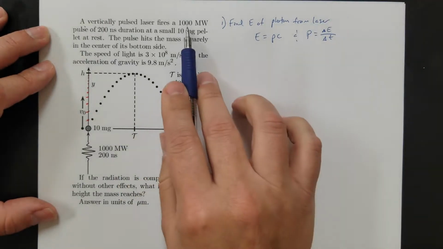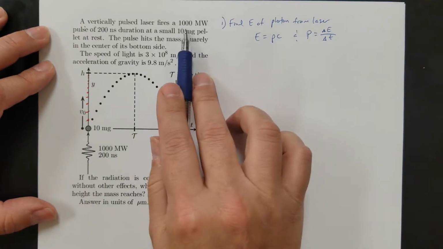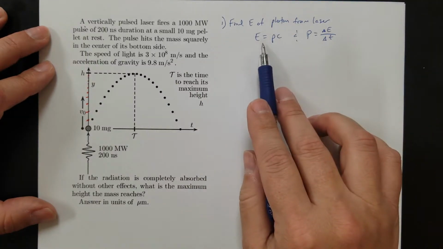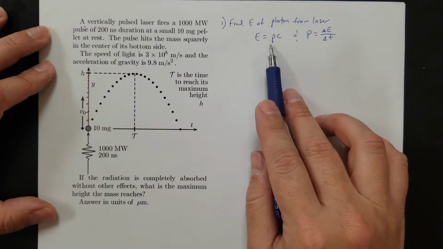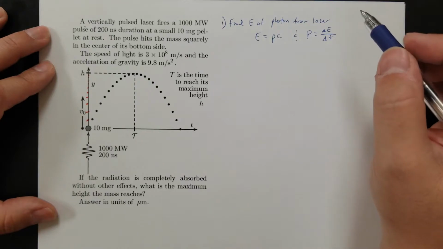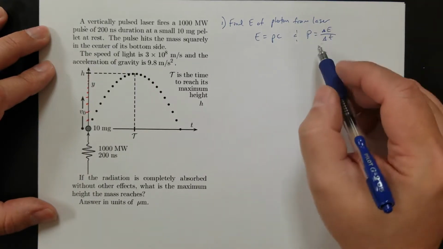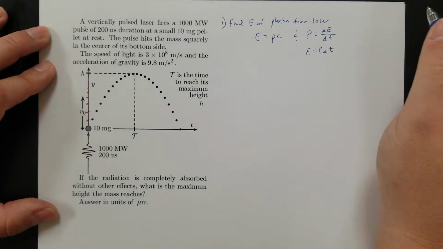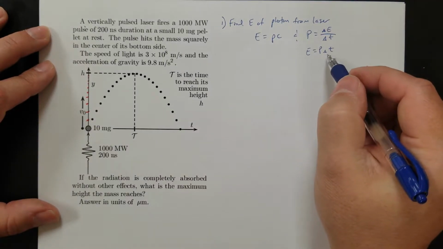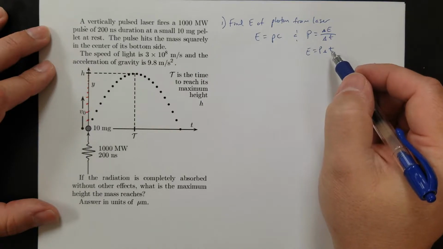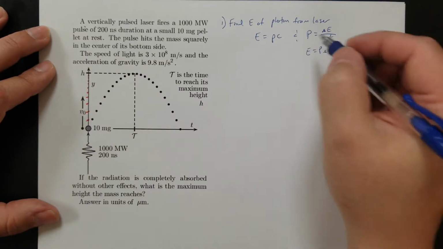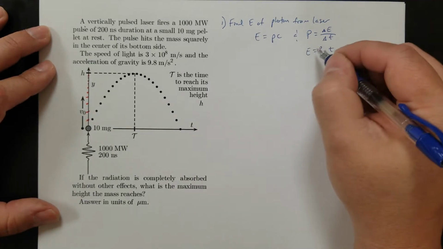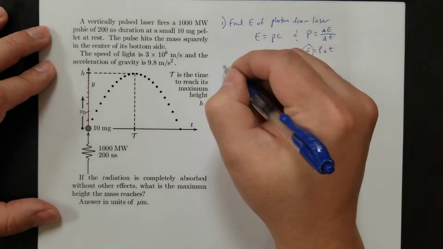Because this gives me like a 1,000 megawatt laser. So I'm given the power, and I need to figure out the energy of the photon, right? So I can take the power, and I can use this equation to say energy is power times time, and that'll give me the energy of the photon, right? So that'll give me E. Yeah, so I didn't even need this, right? I can just use this to get power. Okay, so now I've got energy.